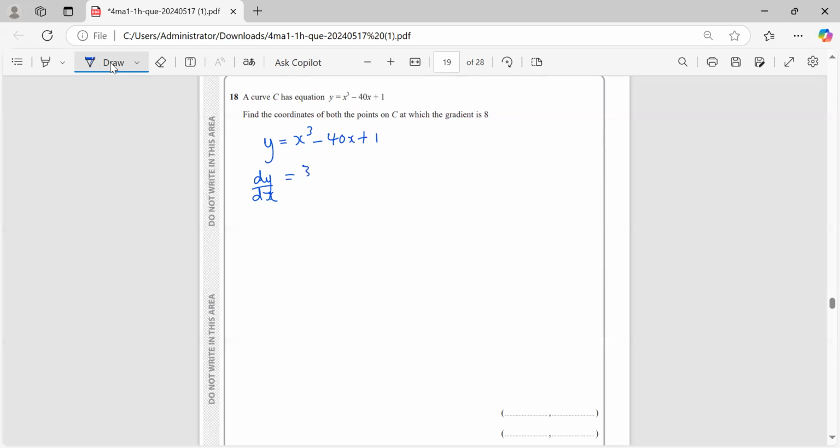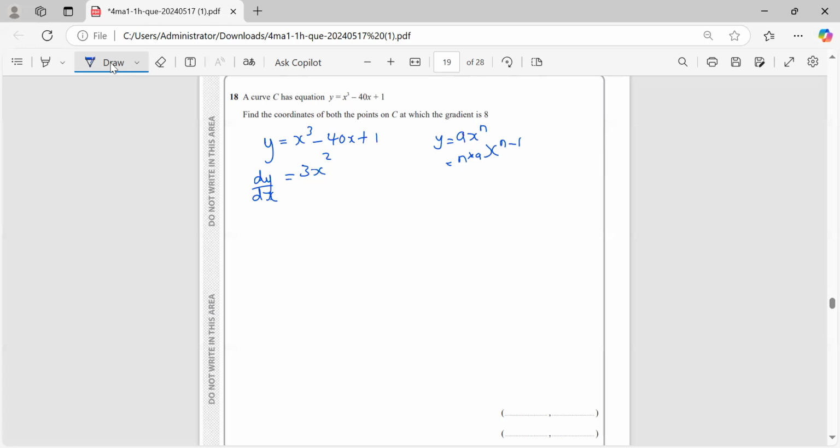I'm going to get 3x squared, because if you have a x to the n and you're differentiating, it's n times a, and then you remove 1 from the n. So that's what I did over here.